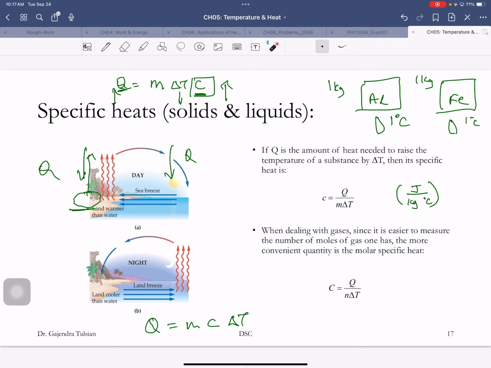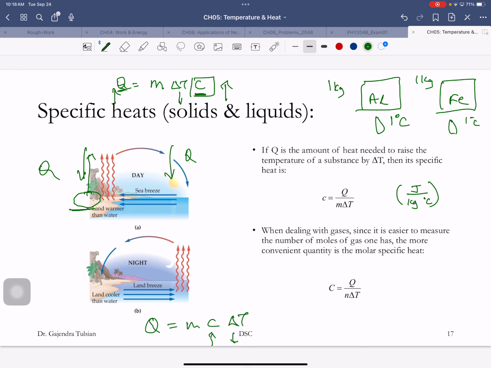If the specific heat is higher, the temperature rise is lower if you put the same amount of heat. Is that the reason why waterfront properties are so expensive? We'll come to that in a second. The story is not complete yet. All right, you understand that?